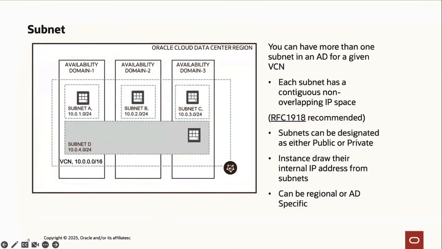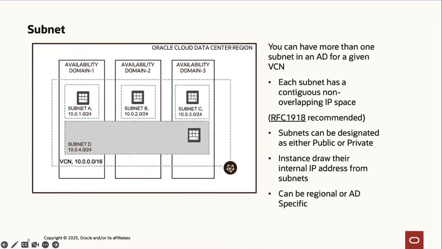All right, and then next we will talk about subnets. As I mentioned earlier, subnets are subdivisions of your VCN, and you can have more than one subnet in a particular availability domain for a given VCN.